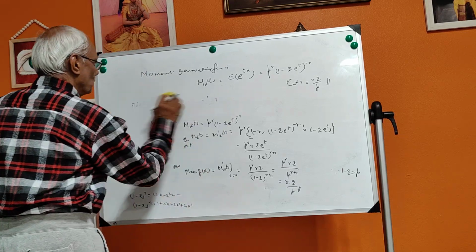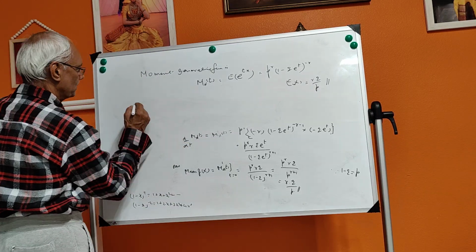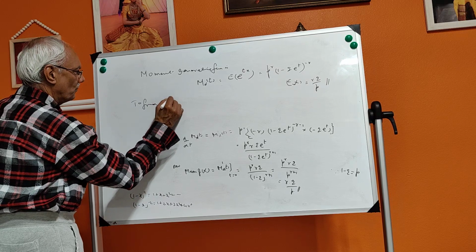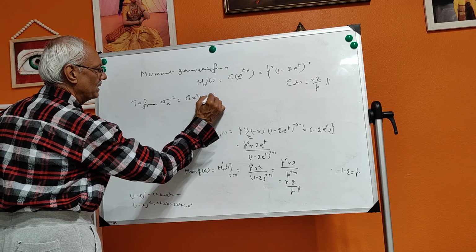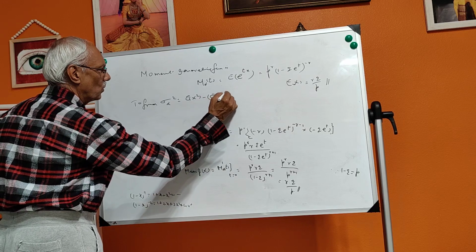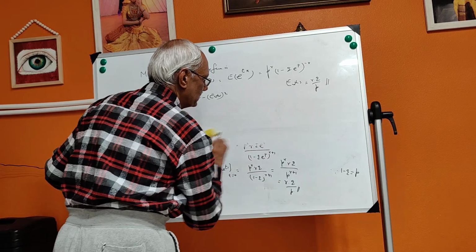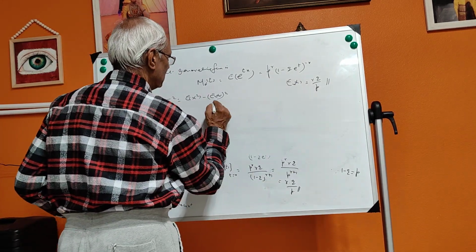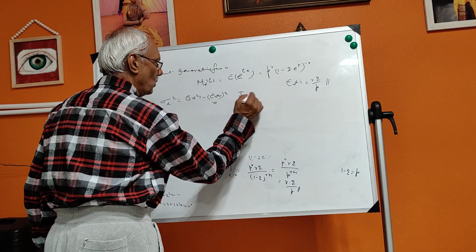Now I will go for finding the variance. Sigma_X squared is equal to E(X^2) minus (E(X)) whole square. We know the value of this E(X) square, so let us try to find out E(X^2). We call this as 1.